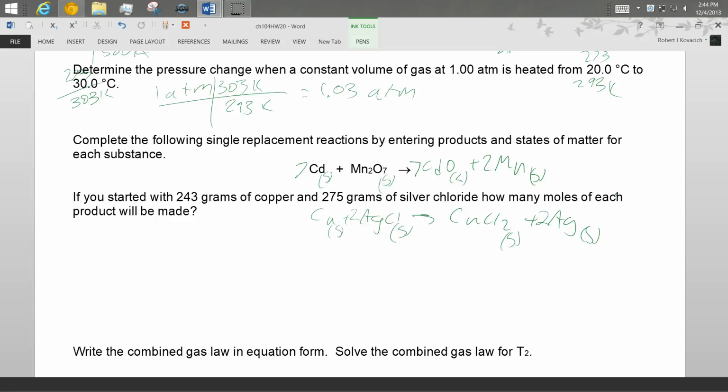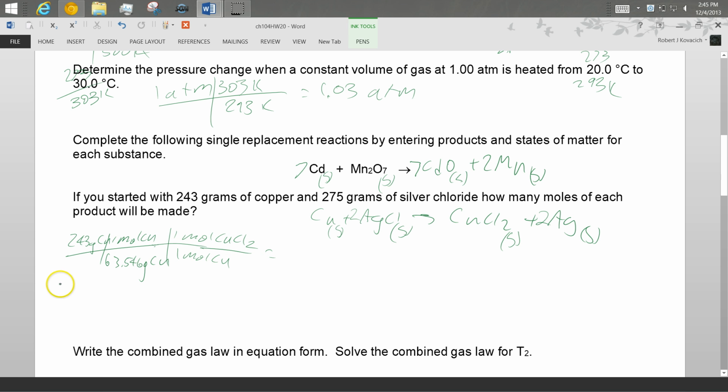Okay, so I got 243 grams of copper. So let's start there. 243 grams of Cu, 1 mole Cu, 63.546 grams of Cu, and then for every 1 mole of Cu, I get, I don't know, say 1 mole of CuCl2.